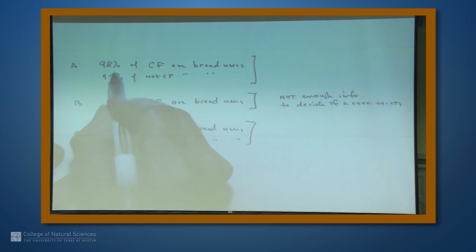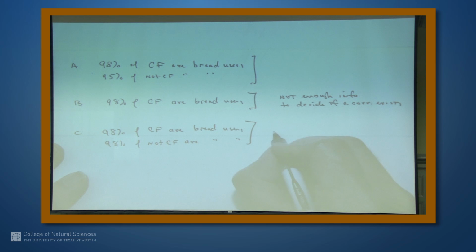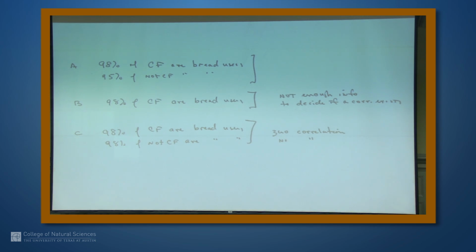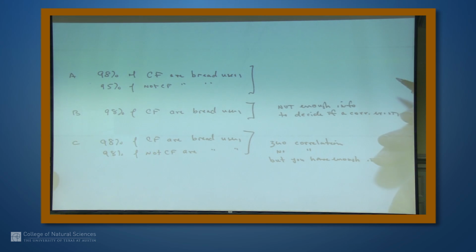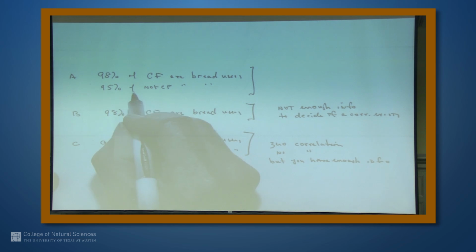C. There is a zero correlation, or we say the same as no correlation. But you have enough information to decide one exists. What about here?